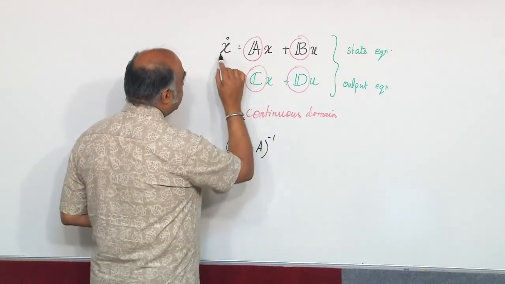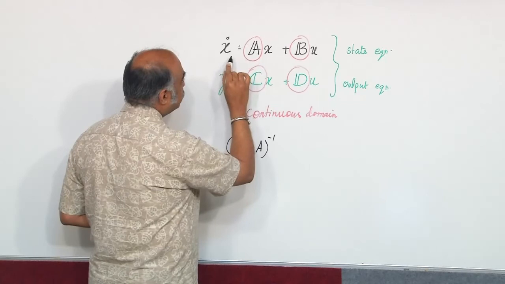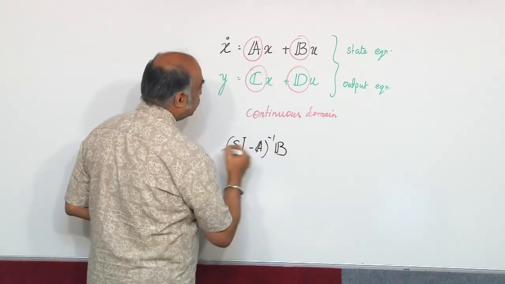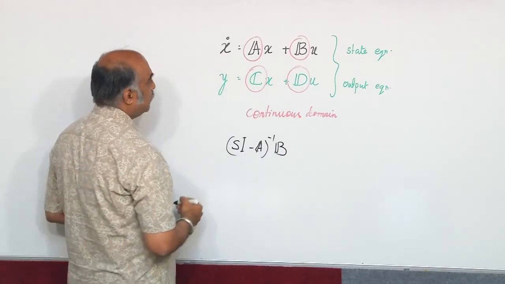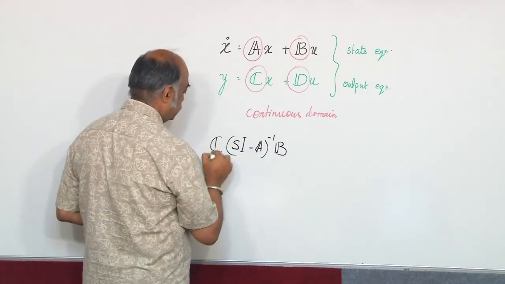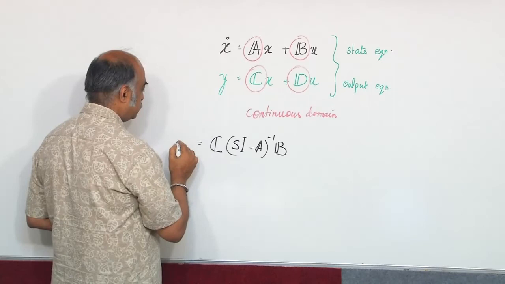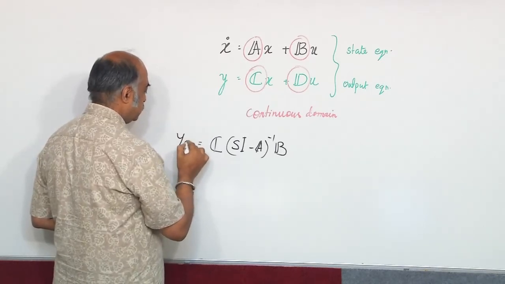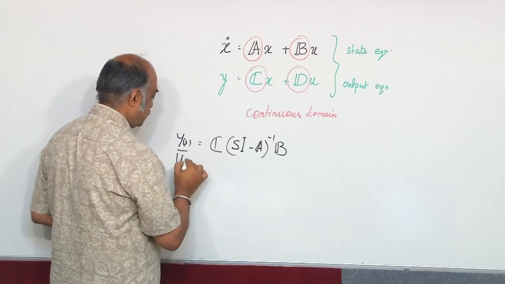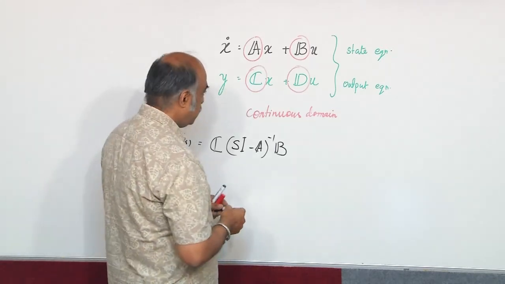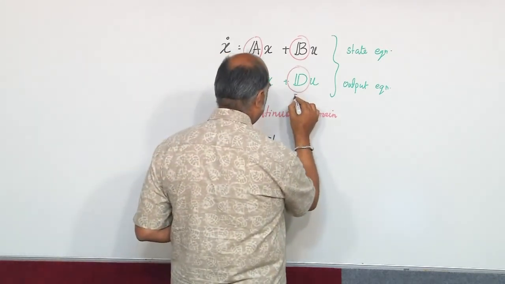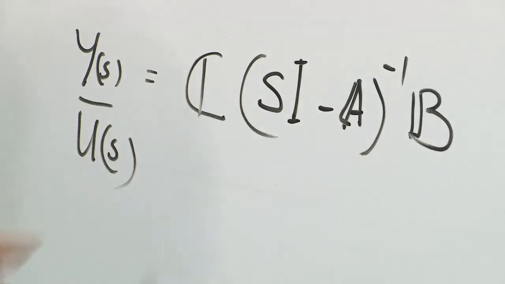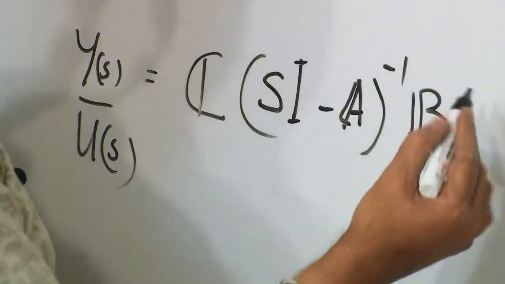So, C (sI minus A) inverse B will give you the transfer function. I will take D as 0, so that D does not come in here, or you should put a plus D.